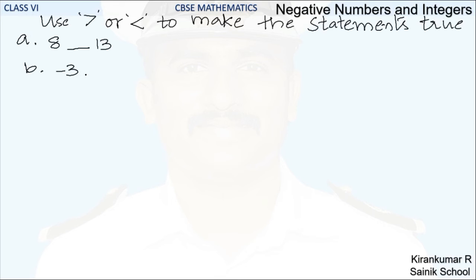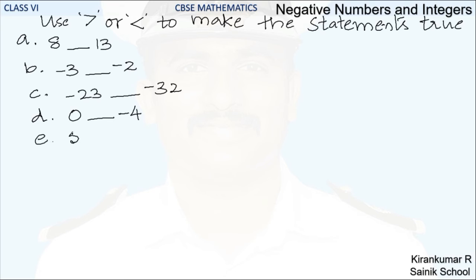The second one is -3 blank -2. The third one is -23 blank -32. Fourth one, D, is 0 blank -4. Fifth one, 5 blank -5. Sixth one, -3 blank +2. Seventh one, -1 blank +1.